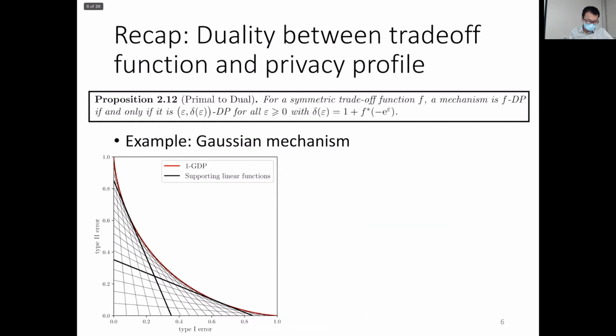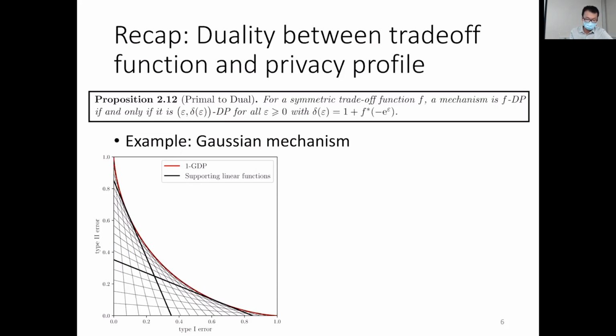So let me provide a bit more intuition about this connection between the trade-off function and the privacy profile, as two, in some sense, equivalent functional descriptions of this mechanism M. They are related to each other through convex duality, or the Fenchel conjugate.